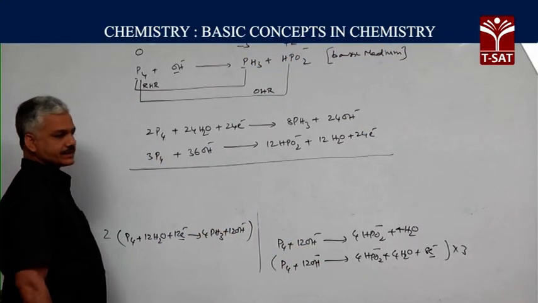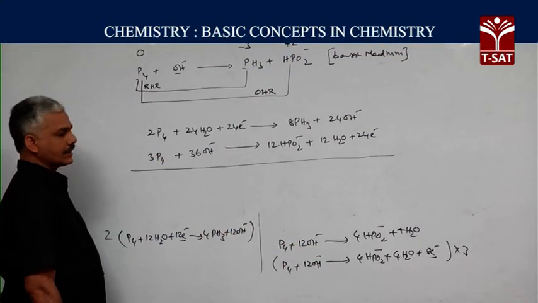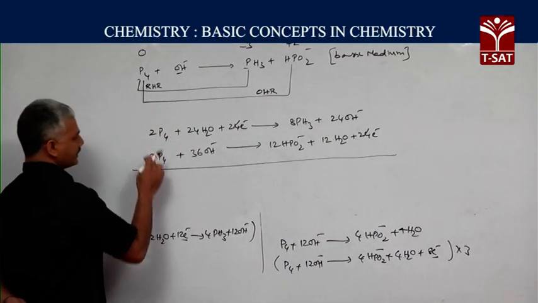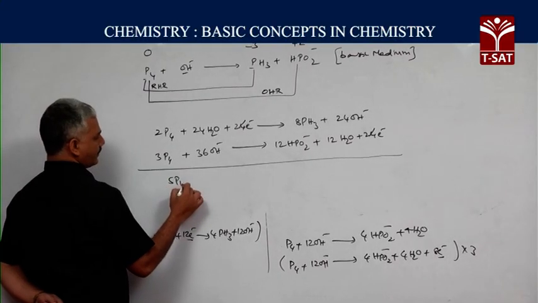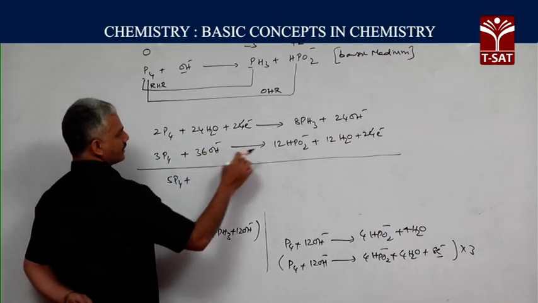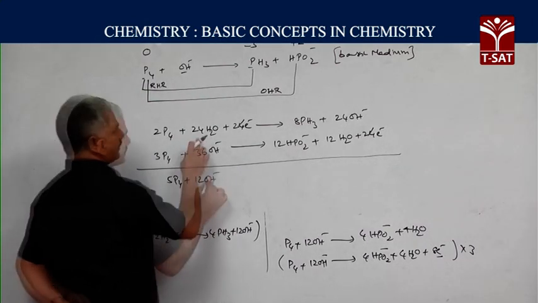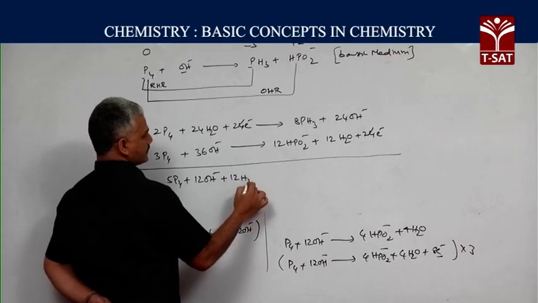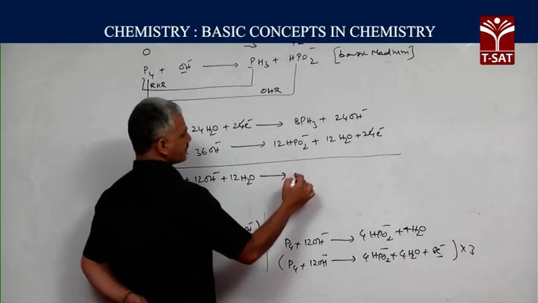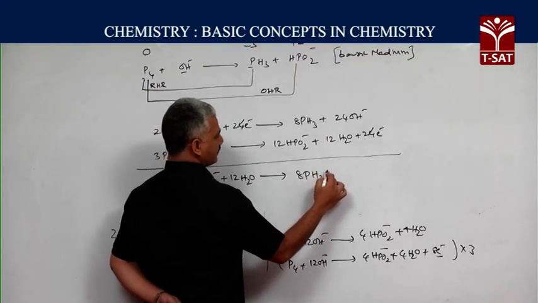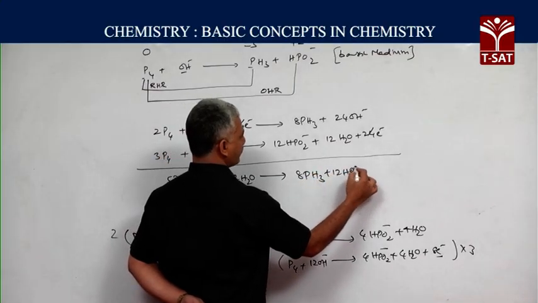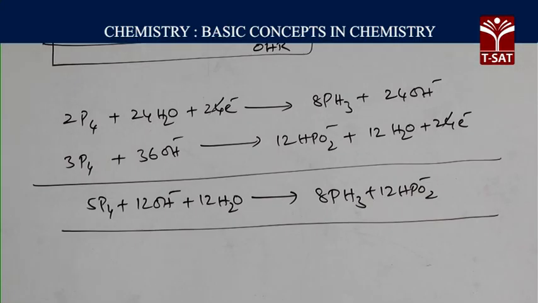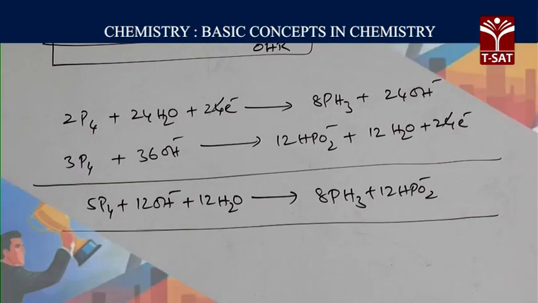Adding the two half reactions, anything common can get cancelled. So, electrons they get cancelled. Here 24 water molecules are present, here 12 water molecules. So, plus 12 H2O gives 8 PH3 plus 12 HPO2 minus. Now, this is the completely balanced equation.